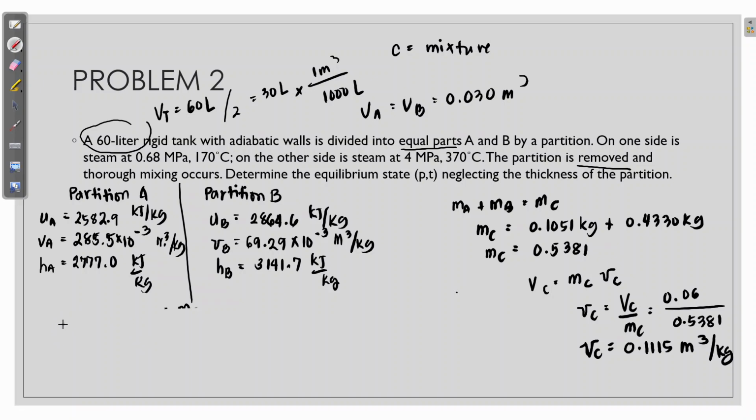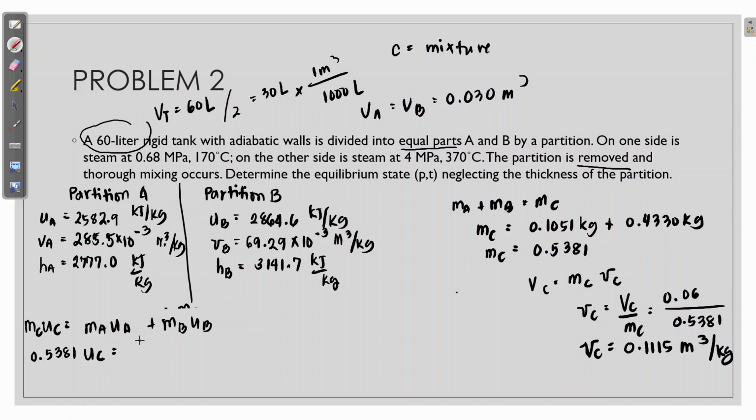Okay. So, ang internal energy ng C ay pwede nating makuha as MC UC is equals to MA UA plus MB UB. Okay? So, ang MC natin, alam natin ay 0.5381. UC, yung hinahanap natin.